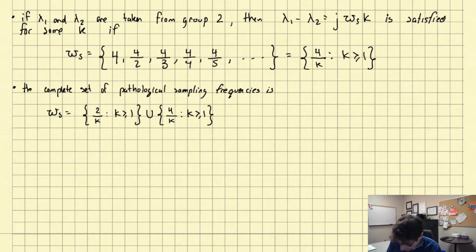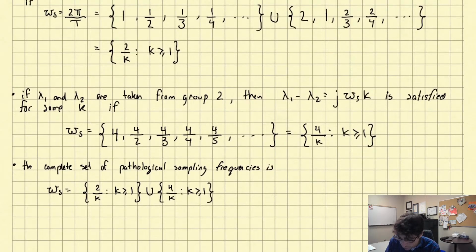Okay, but again, you see there's some redundancies, right? Like, for example, 1/2 shows up in this group. And you can see that eventually it's also going to show up in this group, right? 4 over 8, right? So because 2 divides 4, this is just redundant.